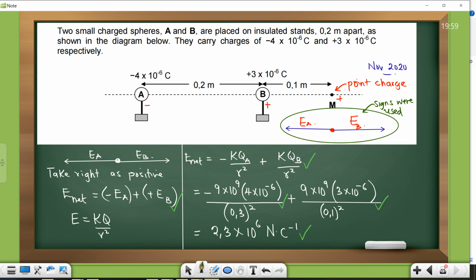Yes, that's what our answer would be if they did not say magnitude. It means we need both magnitude and direction. Kwesi? So the electric field of A on M, the direction would be on the left side, right? Yes. Okay, thank you, sir.